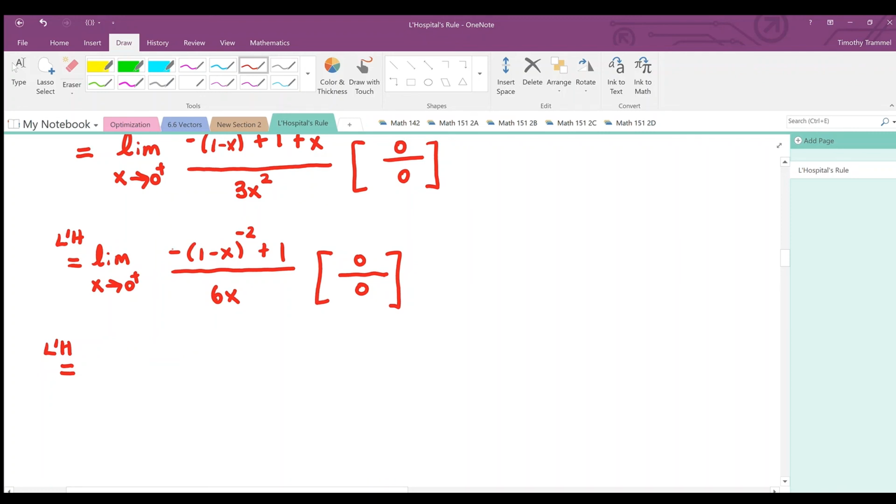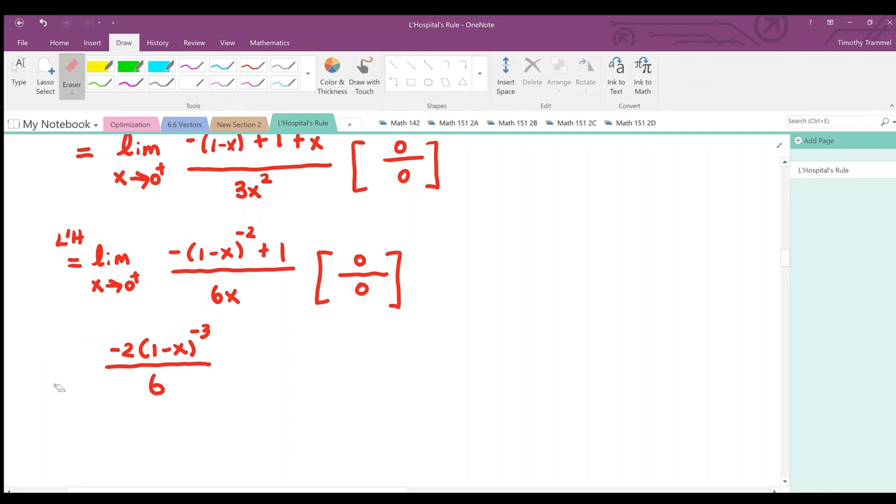So -2 times -1 is +2. But then because of the derivative of the inside, we have a third negative. So this becomes -2 times 1 minus x to the -3. And then the derivative of 1 is just 0, and the derivative of 6x is just 6.